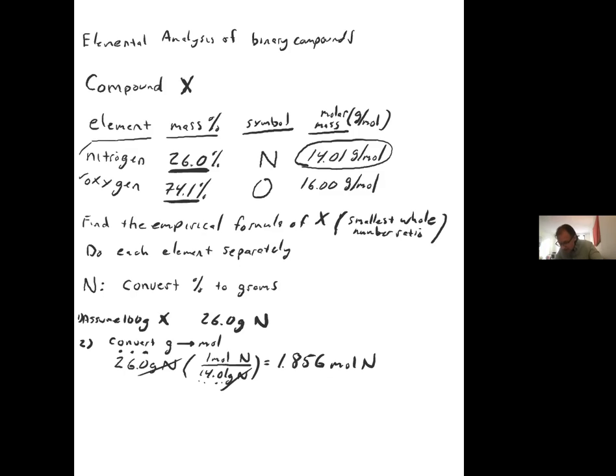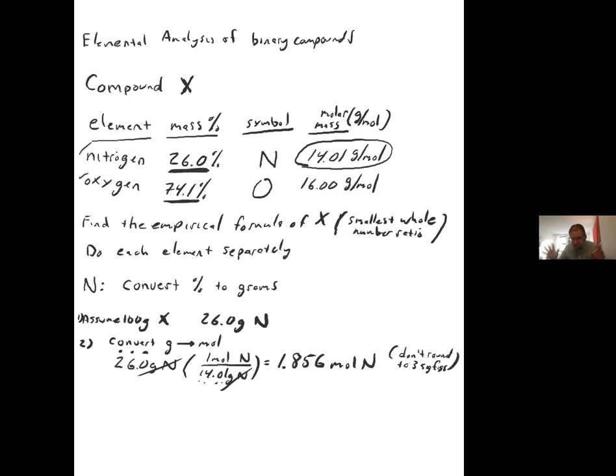But we're going to use this result in a subsequent calculation, the second calculation. So we don't round it yet. So I'm going to write in here, don't round it to 3 sig figs yet, because we're going to use it in a subsequent calculation.